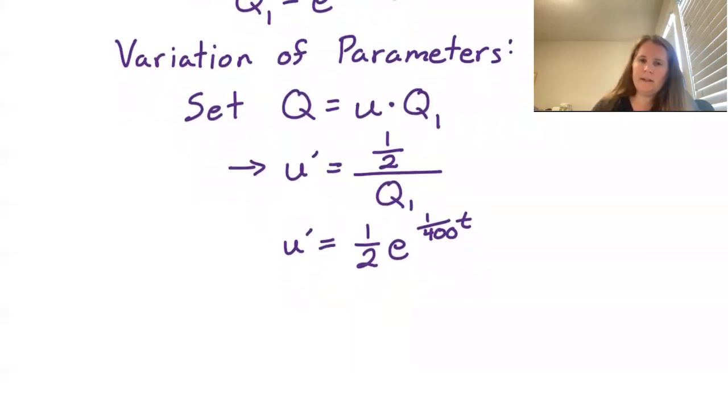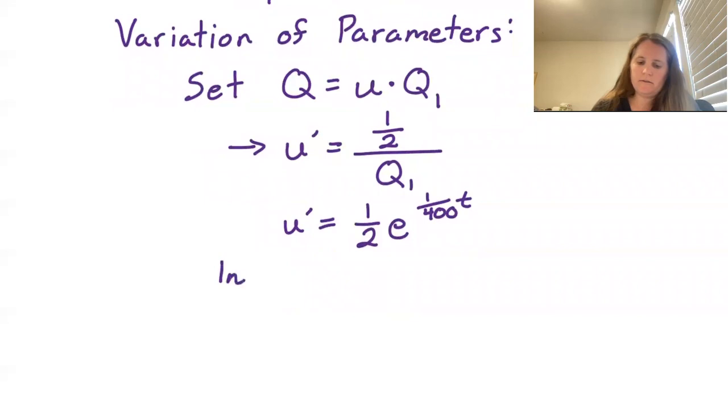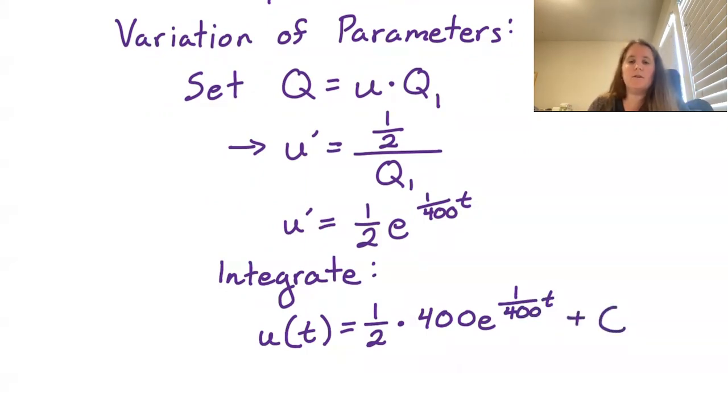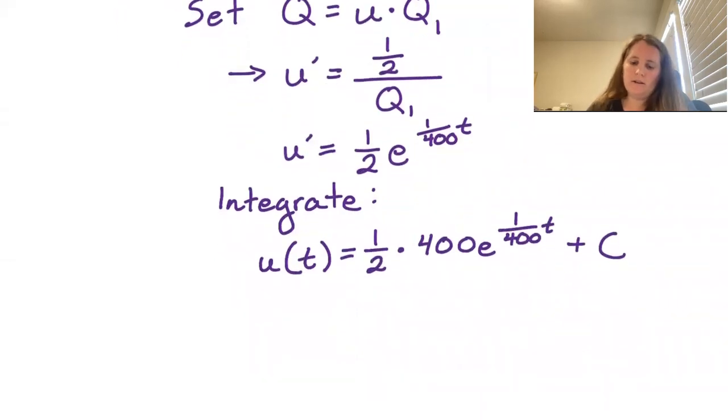From here, if we integrate, we get u of t is equal to 1/2 times 400 e to the 1/400 t plus c. We would divide by 1/400, that's equivalent to multiplying by 400. So we have u of t is 200 e to the 1/400 t plus c.